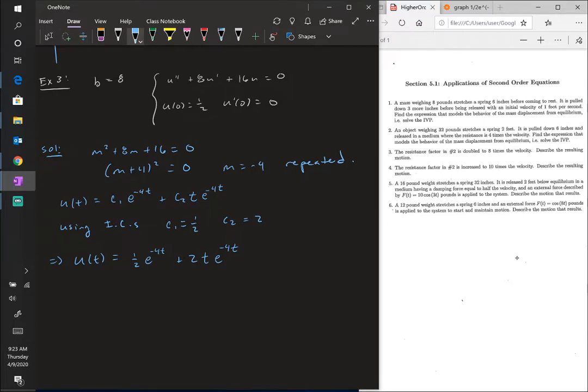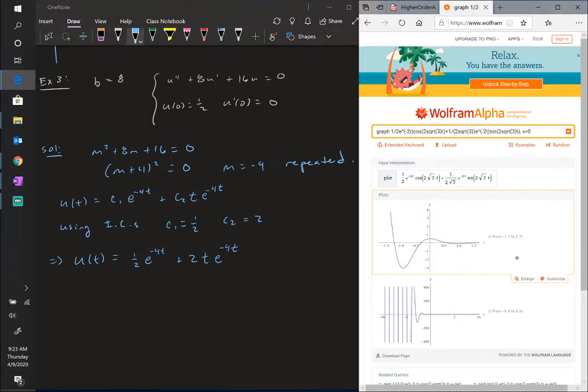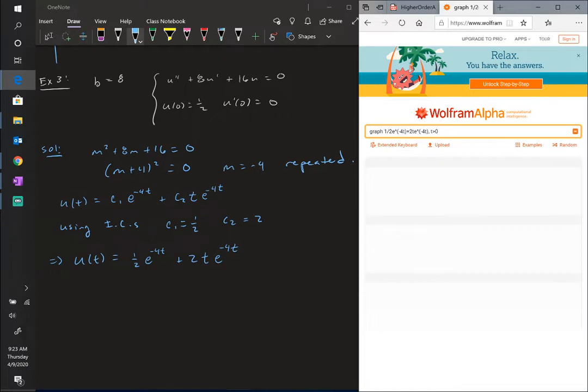And let's graph that one just to see what it looks like. That's 1/2 e^(-4t) + 2t e^(-4t). And I want to do t greater than 0.